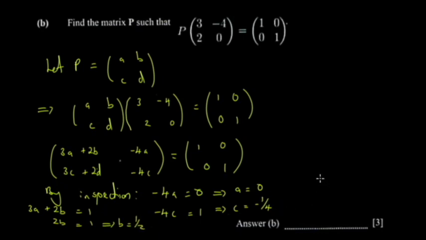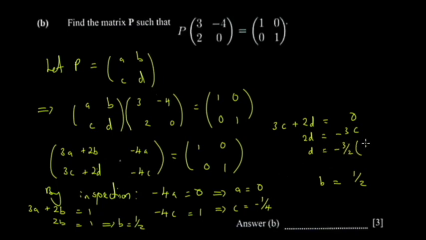The other one which is left is D. Here 3C plus 2D equal to 0. You have C here already. So 2D equal to negative 3C, so D equal to negative 3C over 2.